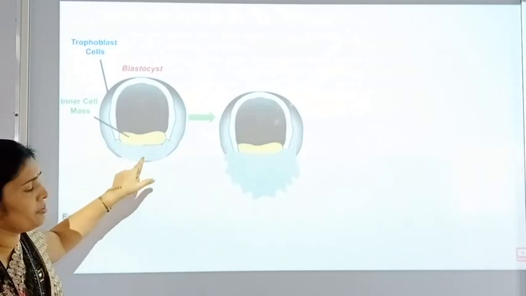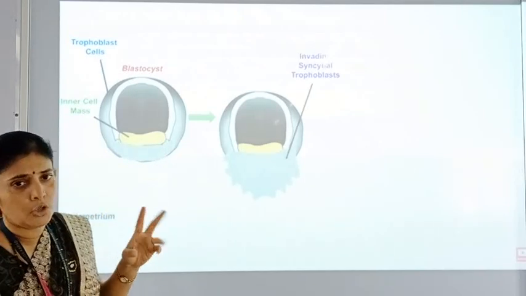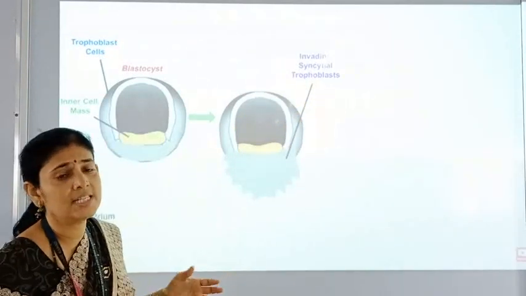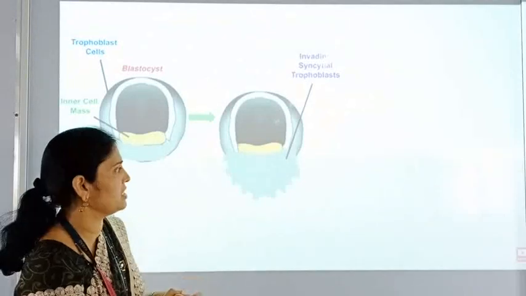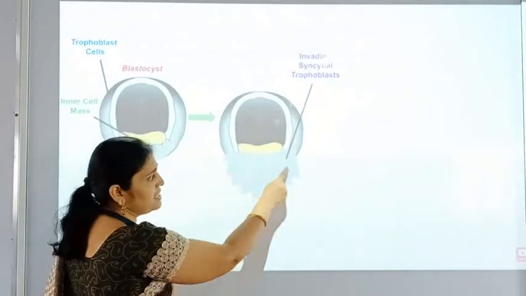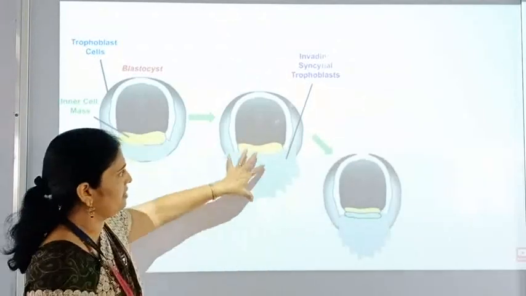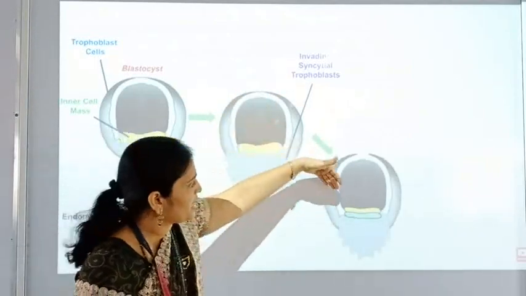Here the trophoblastic layer is divided into 2 layers: syncytial trophoblast and cytotrophoblast. The syncytial trophoblasts are invading into the endometrium, and the embryo is getting completely buried.